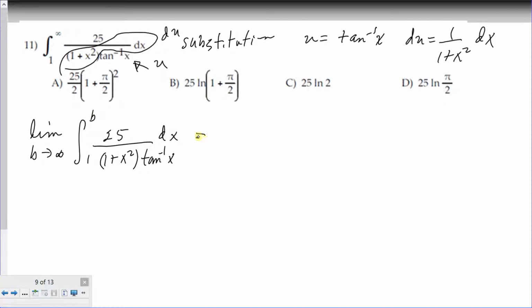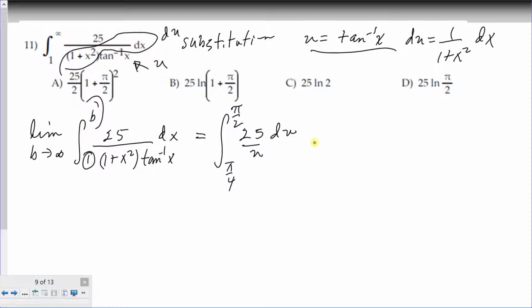which will equal 25 du over u. And now we need to change the upper and lower limits for u. Notice u is equal to inverse tangent of x. So the lower u will be inverse tangent of 1, which will be pi over 4, and inverse tangent of the upper limit that's going to infinity will be pi over 2.